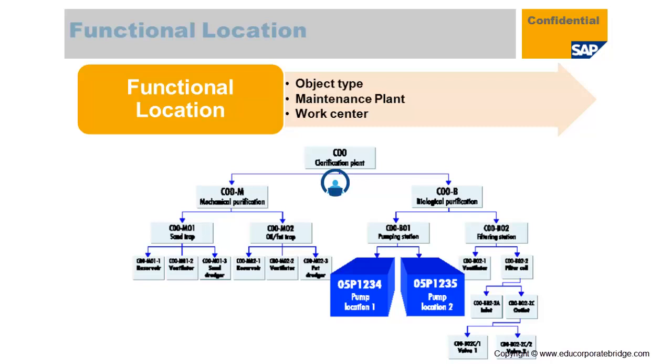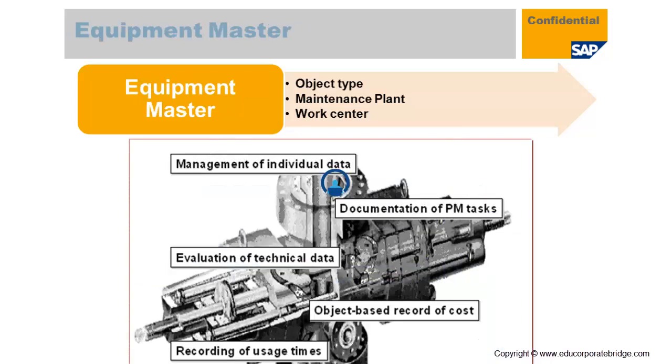For example, here we have provided one example that a functional location can be further divided into the clarification plant, having a functional location which is a mechanical purification and the biological purification. Then whether it is a sand pump or an oil pump. So it can be a hierarchy which represents the location of that particular function in the organization unit.